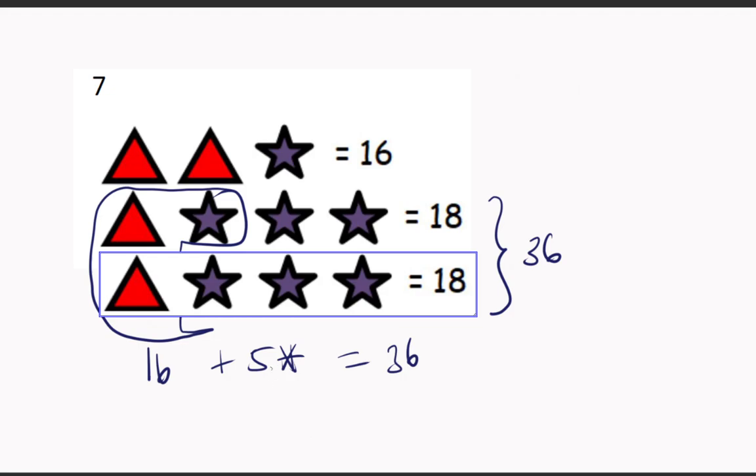So can you see that 5 stars must be 20? So each star must be 4. So if you look at the top row, then triangle must be 6 each, mustn't it? 6, 6 and 4 gives you 16. So that's how we do that one.